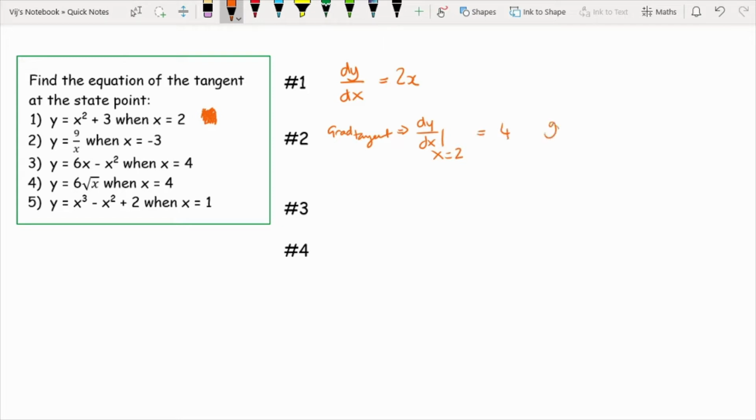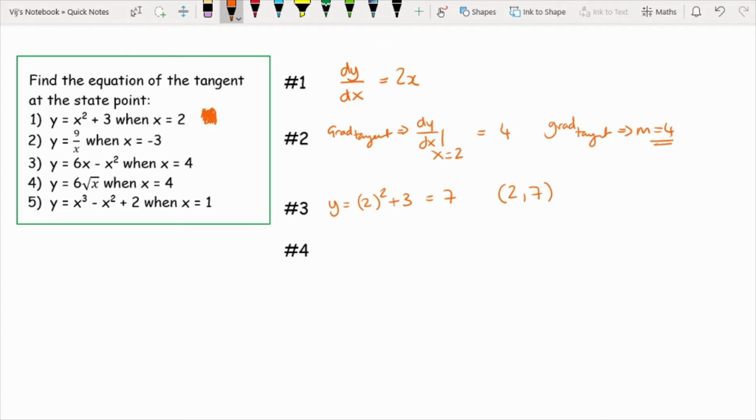So the gradient of the normal, of the tangent, sorry, is m equals 4. The next thing we need to find is the y-ordinate. So I'm going to substitute x equals 2 into the original equation. So y equals 2 squared plus 3, which equals 7. So the coordinate I'm going to use is 2, 7.